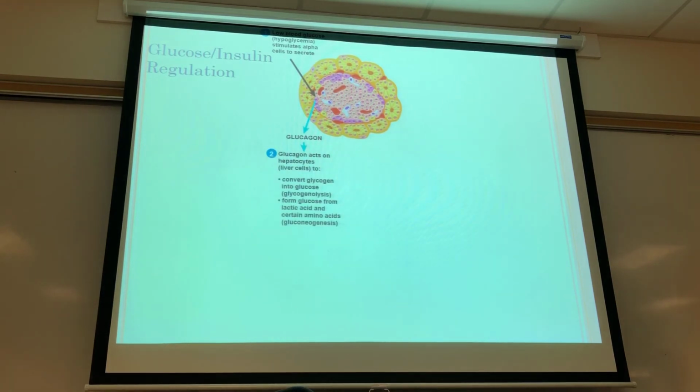Glucagon then acts on the liver cells to undergo glycogenolysis, but also at the same time gluconeogenesis, to convert certain amino acids into lactic acid. So all in all, we're trying to raise blood sugar.